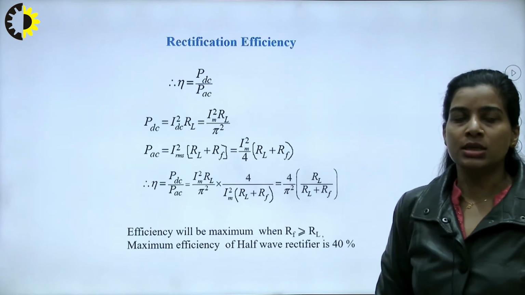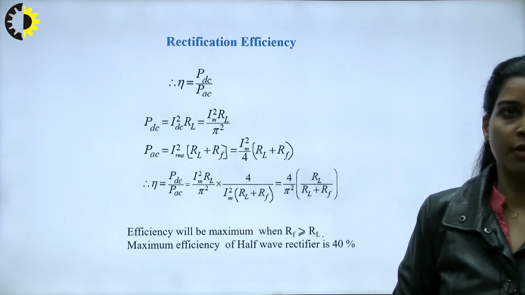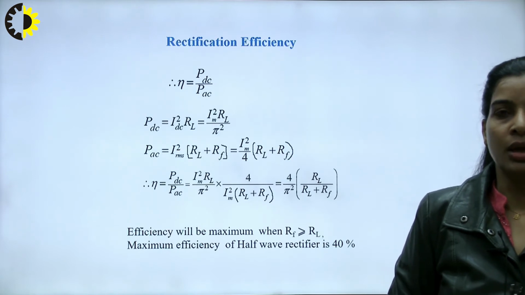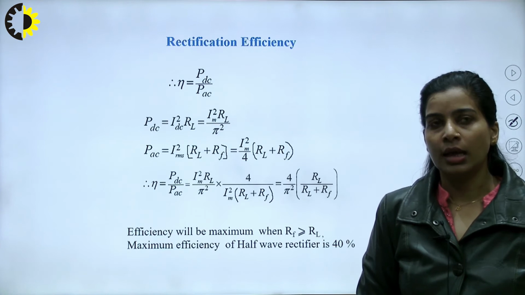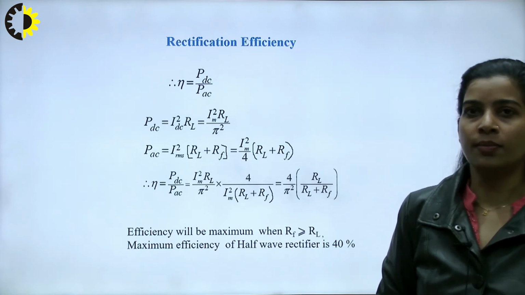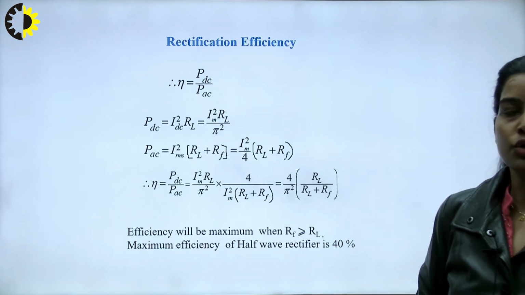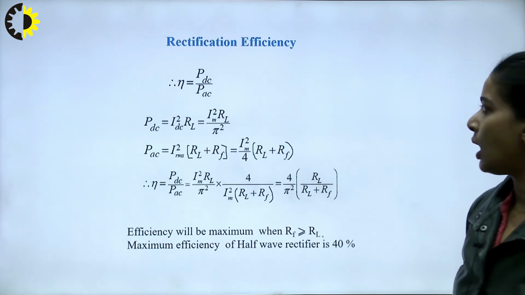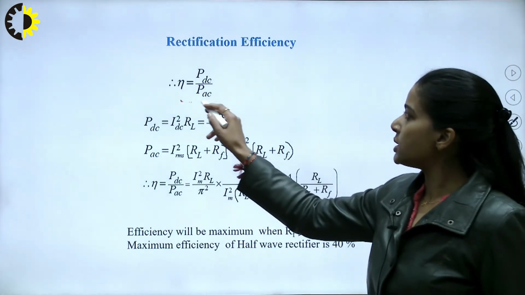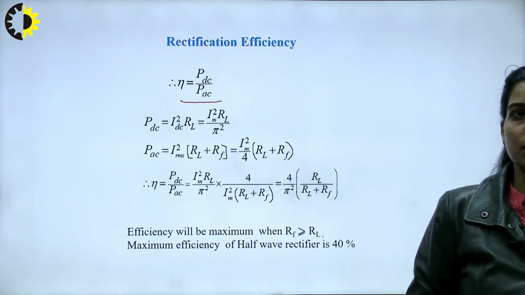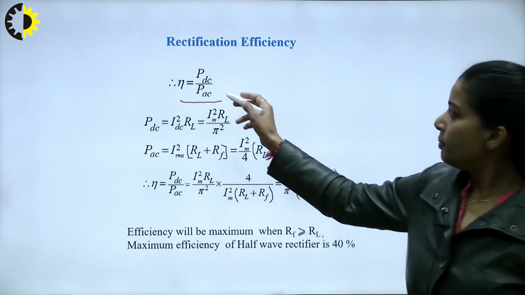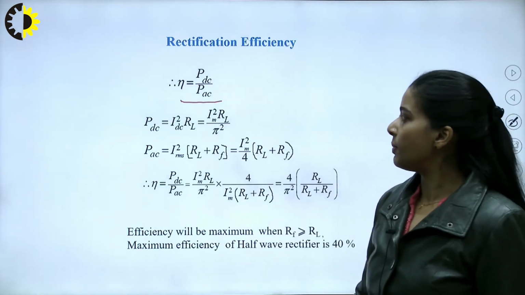Then next is rectification efficiency, that is how a half wave rectifier can rectify the input signal to get a rectified output. So, efficiency is defined as output DC power to the PAC, that is AC power.